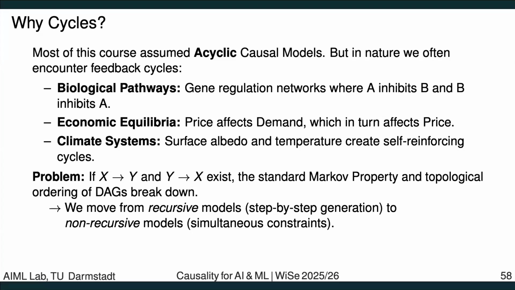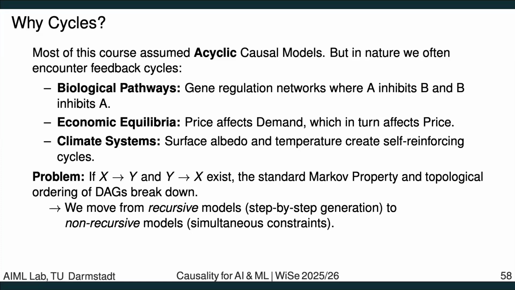In terms of discovery or causal modeling, of course, we can model cycles within SEMs. Usually acyclicity is just an assumption to get some sort of properties, like the standard Markov property and also the topological ordering of DAGs, so that we say one variable comes before another. They break down if we introduce those cycles, because if X causes Y and Y causes X, how do I assign which variable comes first?